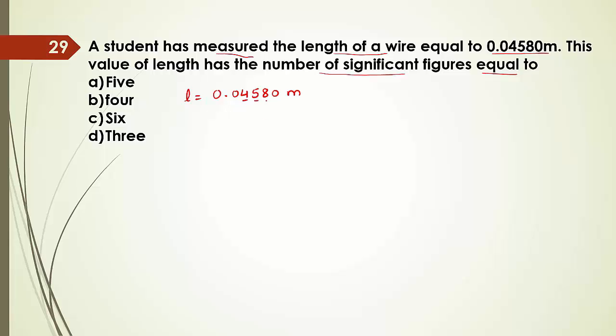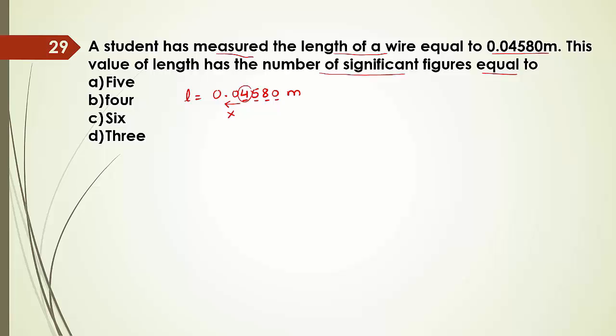4, 5, 8, 0. These are the significant figures, because you can remember the rules to determine the number of significant figures. The rule is the zeros left to a non-zero number. The non-zero number is what? 4. The zeros present on the left side of the non-zero numbers are not counted.